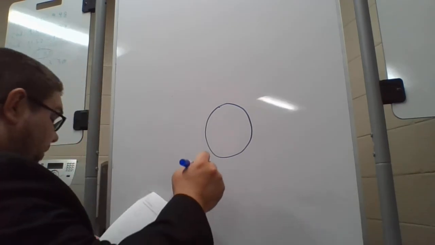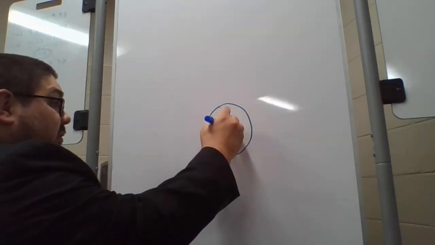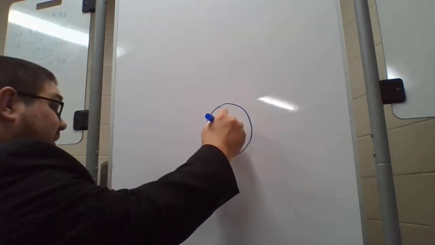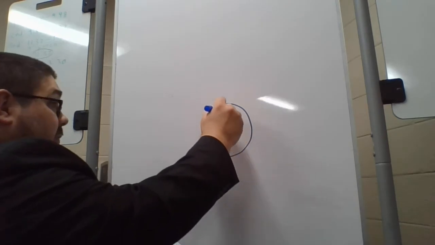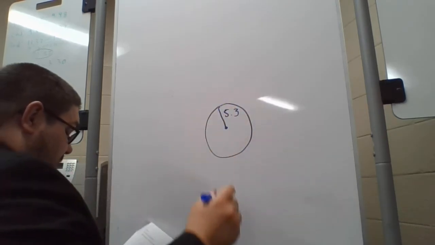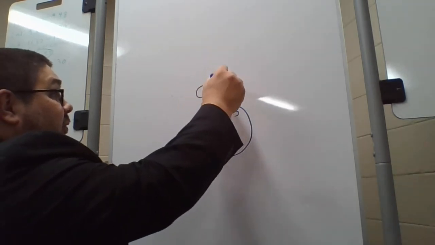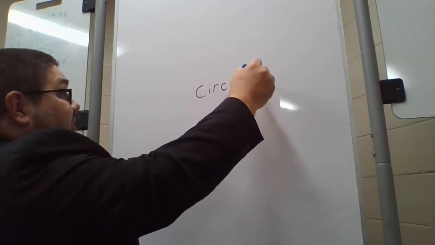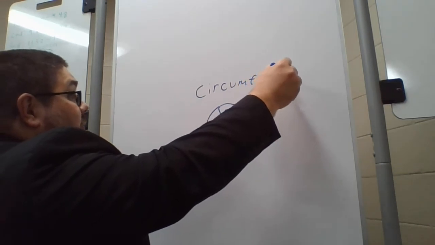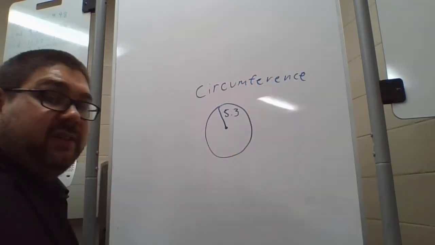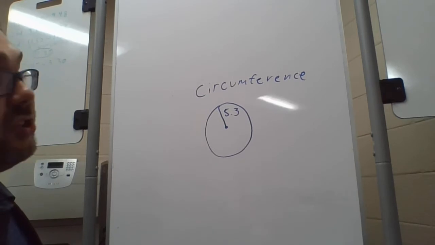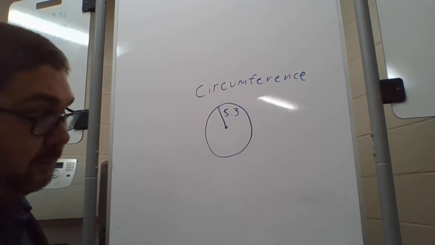Let's say we have this, which is number 6 on today's assignment. And we need to find the circumference. You see this called the circumference.